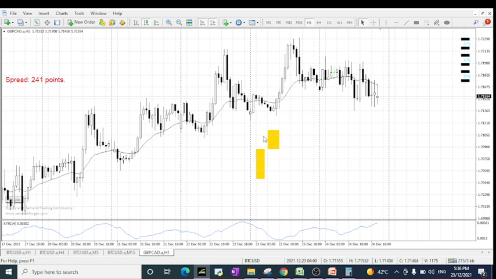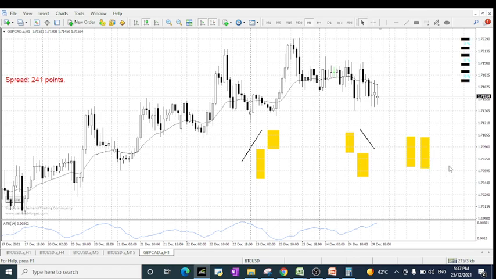I said that this is an uptrend. If you have candles closing like this, going down, this is a downtrend. And if you have candles closing like this, beside each other, you have a range.